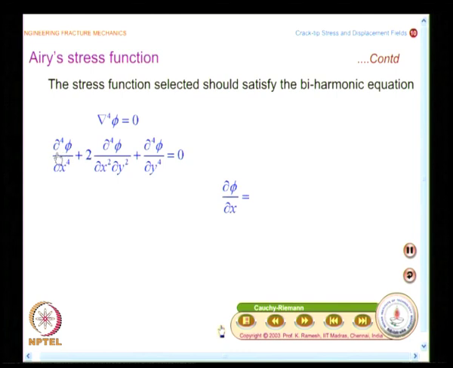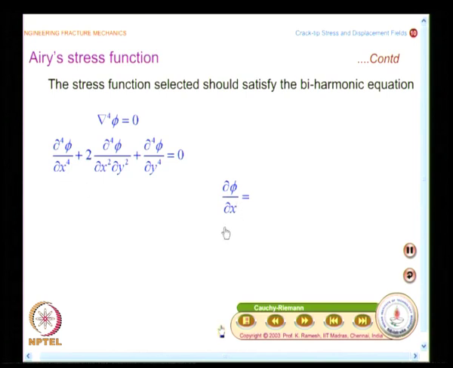I have this as dou power 4 phi by dou x power 4 plus 2 times dou power 4 phi by dou x square dou y square plus dou power 4 phi divided by dou y power 4 equal to 0. First thing I have to do is, I have to get dou phi by dou x, then go on with it until I find out dou power 4 phi by dou x power 4.